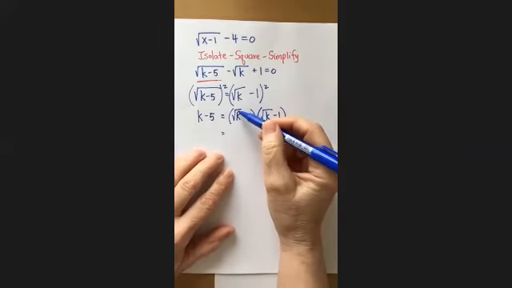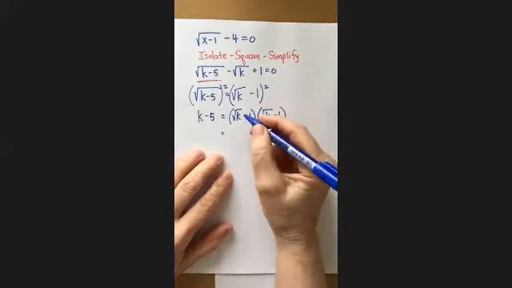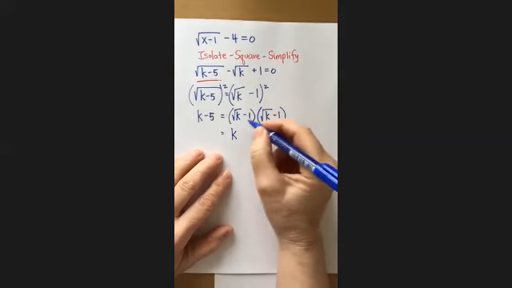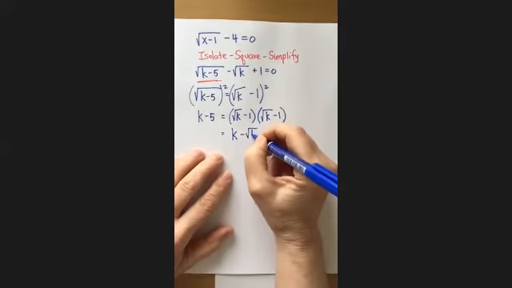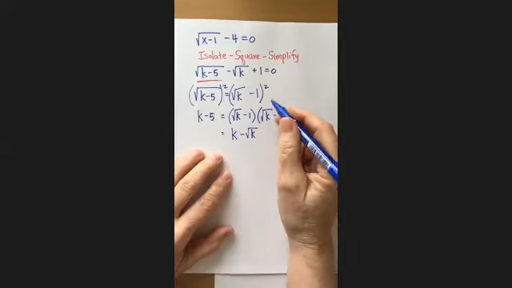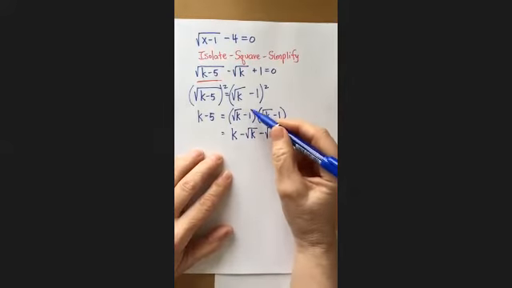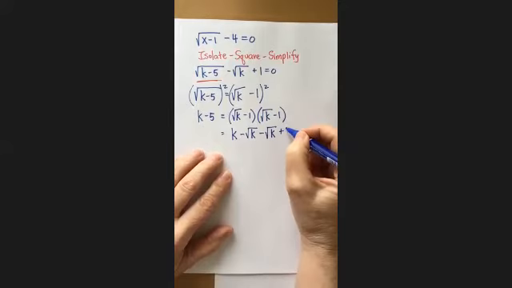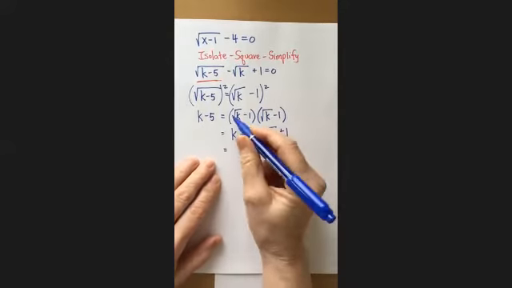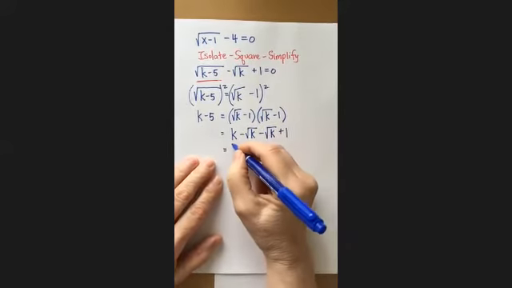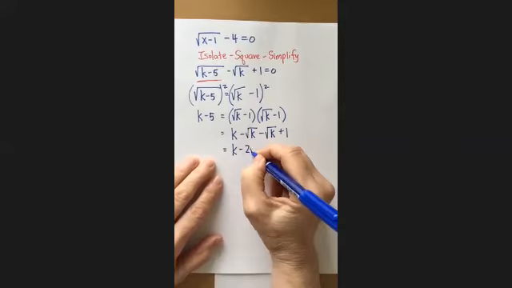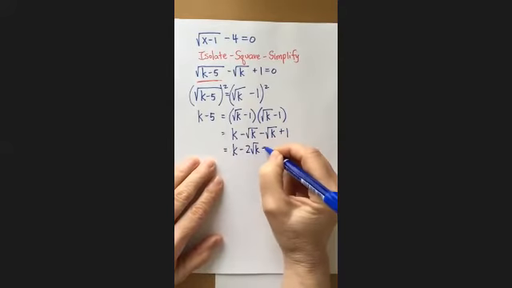So the square root of k times the square root of k is k. The square root of k times minus 1 is minus the square root of k. Minus 1 times the square root of k is another minus the square root of k. And minus 1 times minus 1 is plus 1. So we find that this side of the equation is k minus 2 square roots of k plus 1.